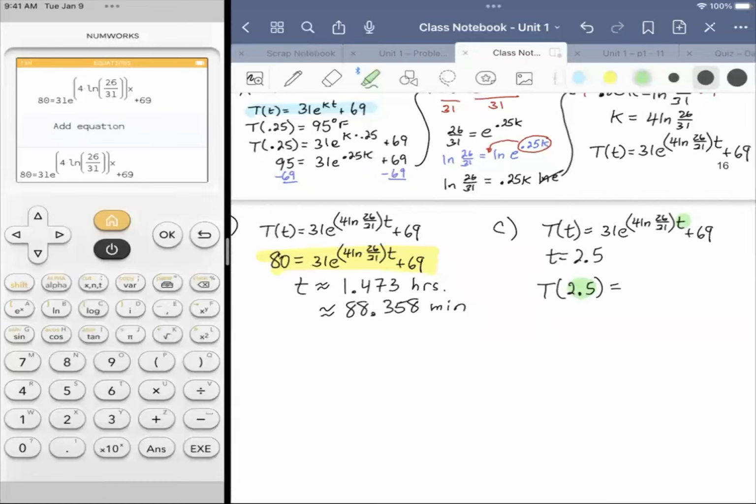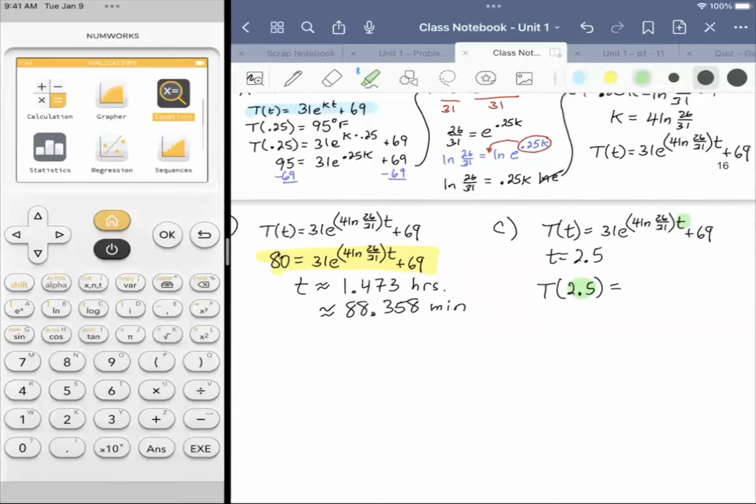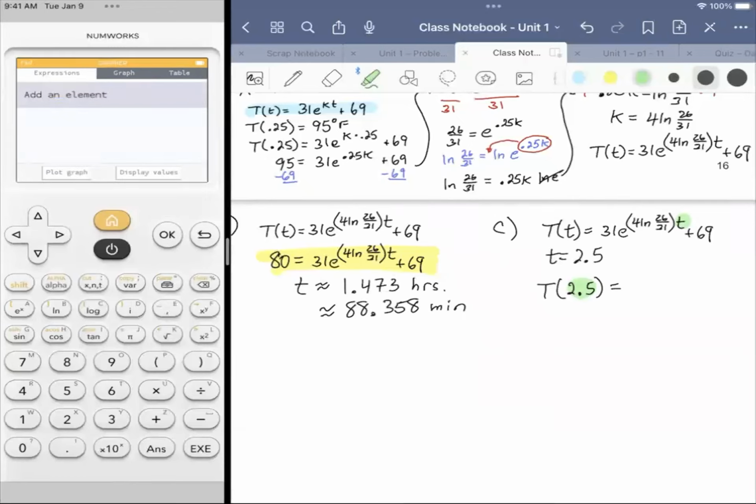We could also do it in the grapher, but you're going to get more information than you really need. But I will show you real quick, and then we'll go back into the home screen. Add an element. You could use f of x if you want.